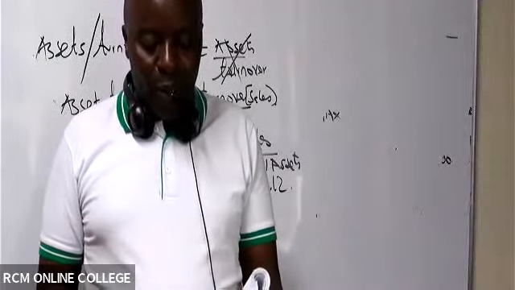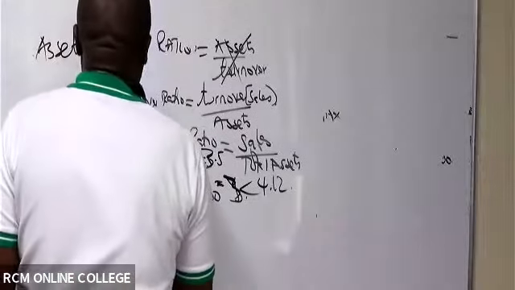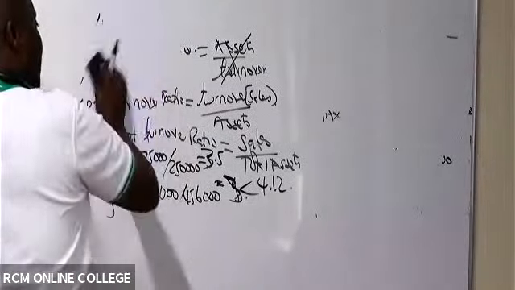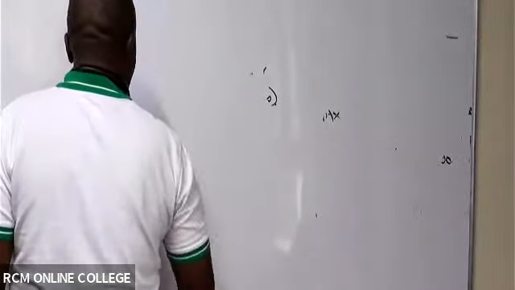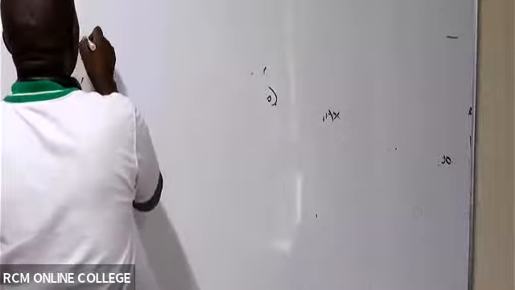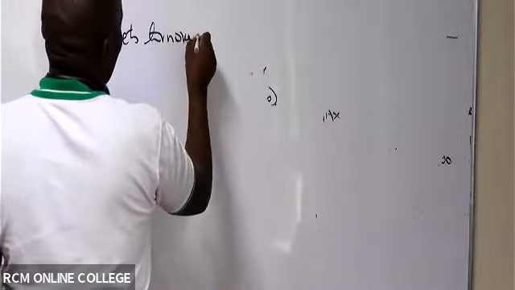After that, you can see, you have two types of asset turnover ratios. I have to show you the other one. At times in this case here, you will get the examiner talking about net assets turnover ratio.